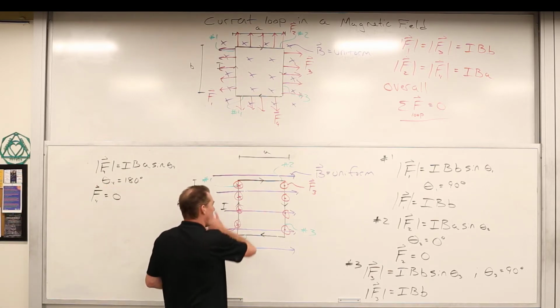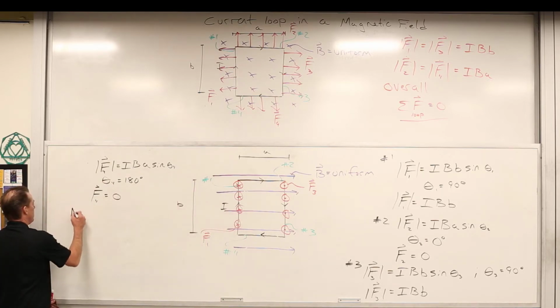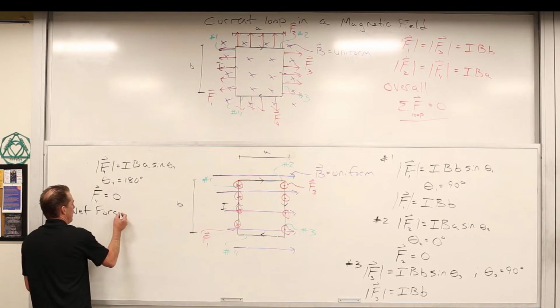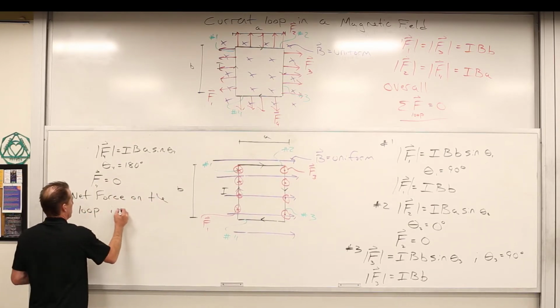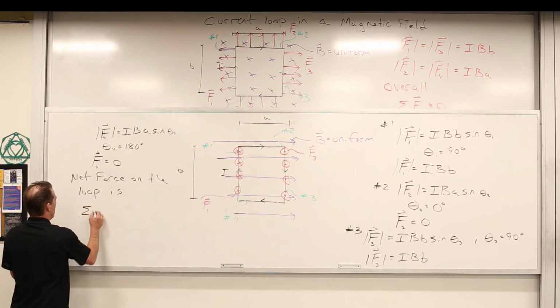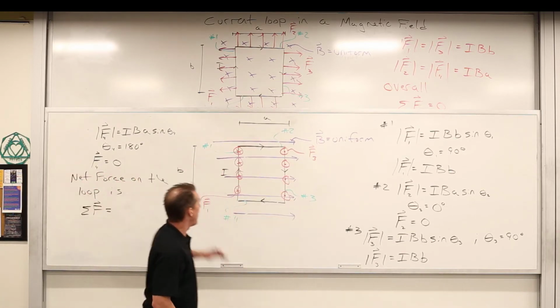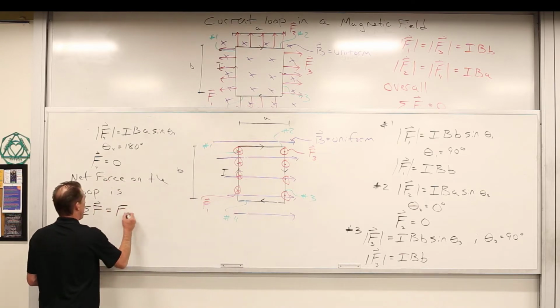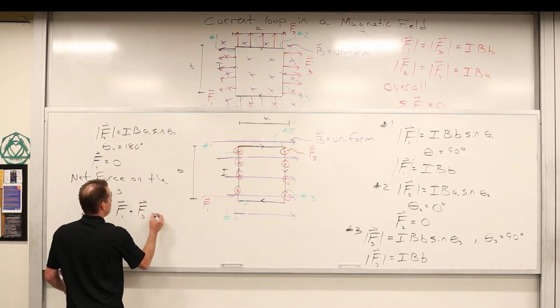So if we ask ourselves, what is the net force on the system? Net force on the loop is, well, it's the sum of all the forces acting. F2 and F4 are both 0, so we really have an F1 hat plus an F3 hat.